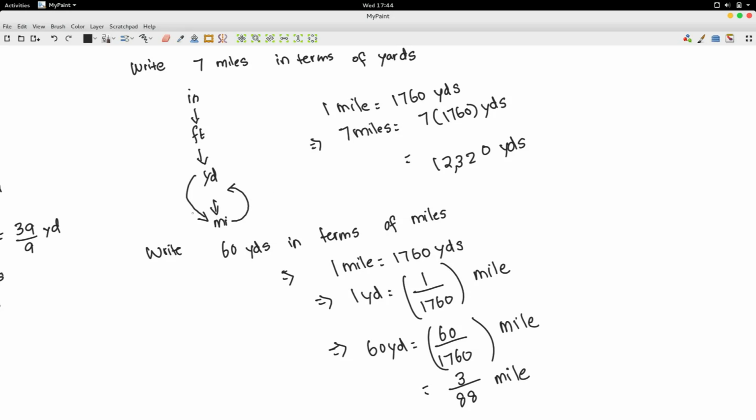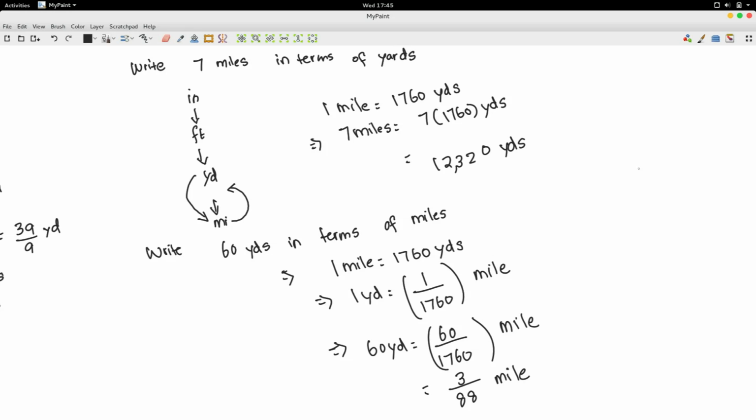But if you go in the forward direction, from a smaller to a bigger unit of measurement, then first you've got to divide and write the smaller unit in terms of the bigger unit, and then multiply.